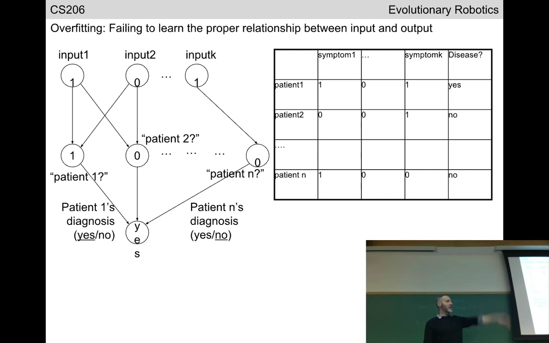So what's actually happening here is the neural network is memorizing each of the patients and whether they suffered from the disease or not. And if we supply any of those N patients, this neural network will get it perfectly right. So we can get a neural network to get perfect zero error because it's memorized everything. But if we come along with a new patient that has some combination of symptoms that doesn't exist in the initial N patients, how is that neural network going to do?